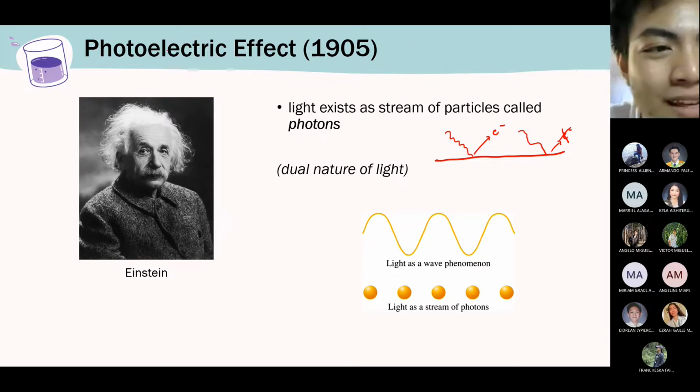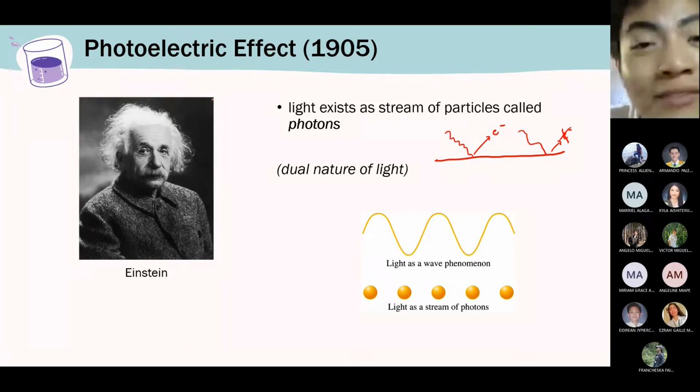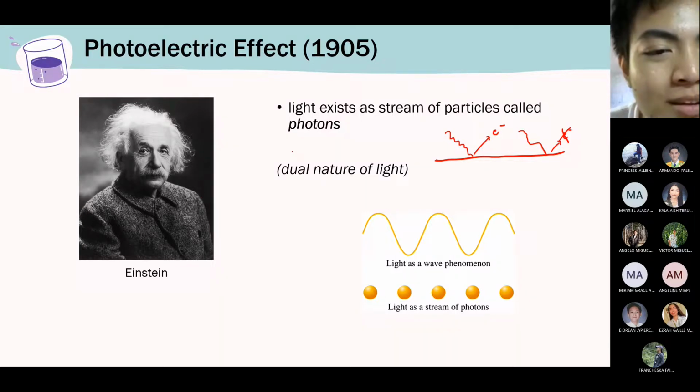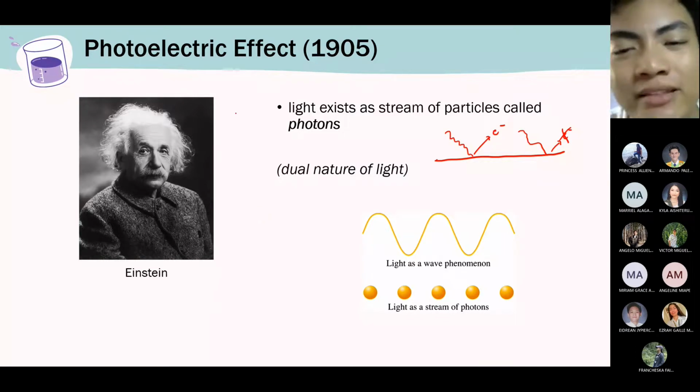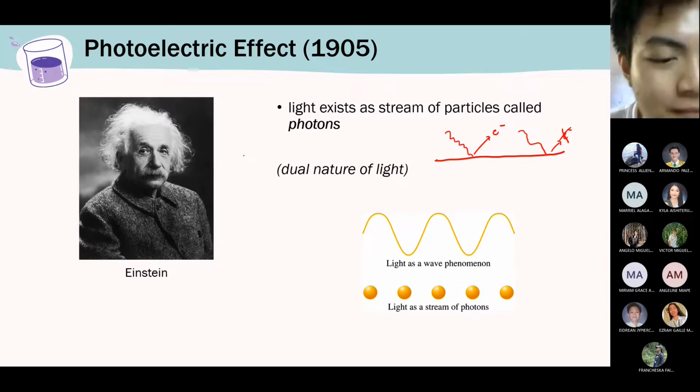But anyway, this idea by Einstein, the photoelectric effect, is still very important in the foundation of the quantum theory of matter, spearheaded by Niels Bohr. Sabi nila doon that matter can behave as energy or light na. So pwede siya mag-oscillate, and therefore it can release colors. So yun lang naman.